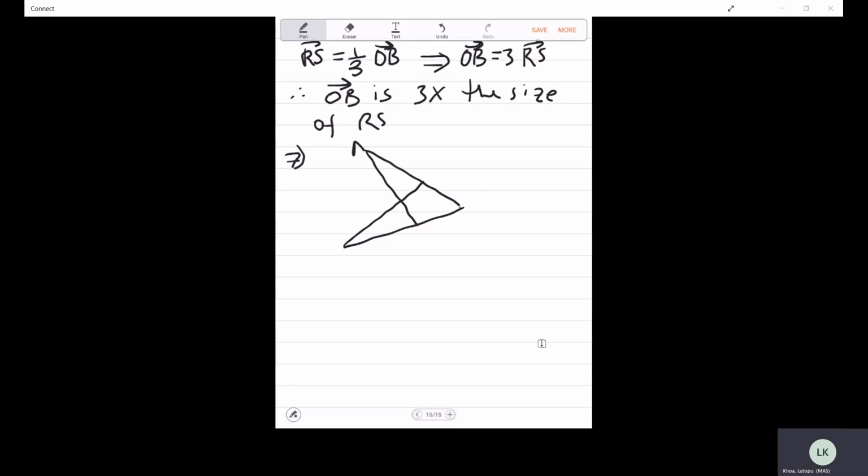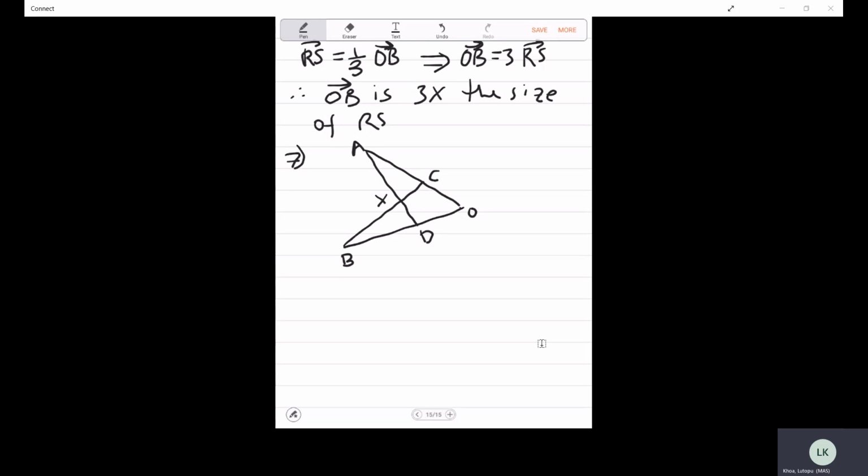Here we have A, X, C, O, D, and B. So we are given this diagram, and then we are told that C and D divide OA and OB respectively in the ratios 1 to 2.